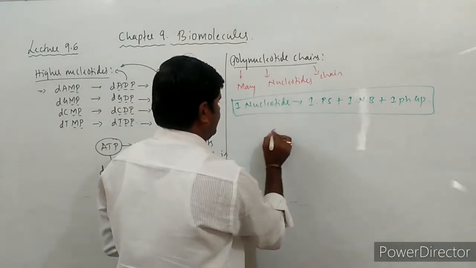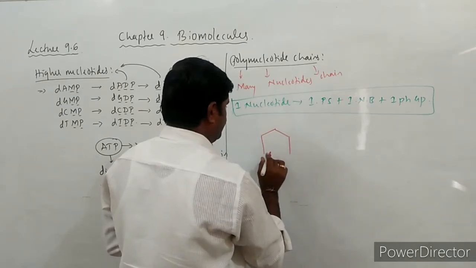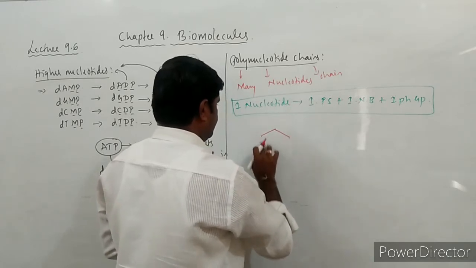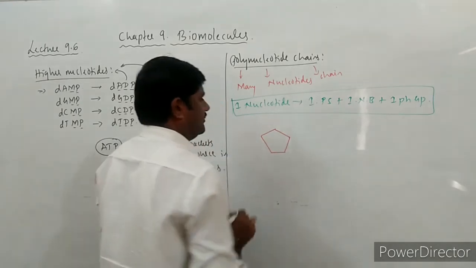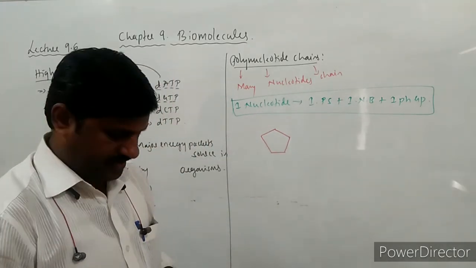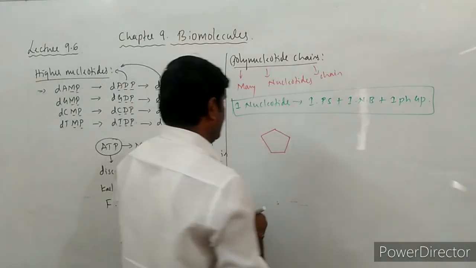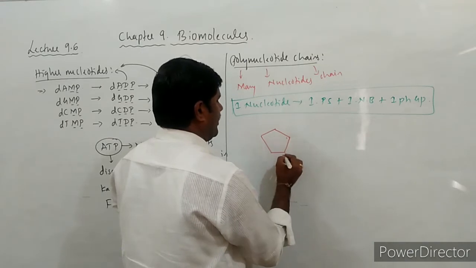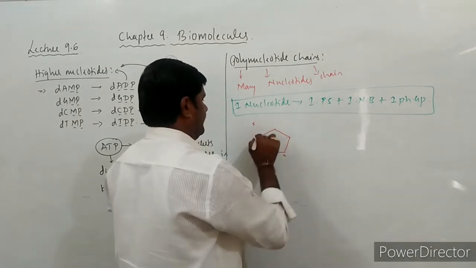So this is one pentose sugar. Here we know carbon atom number 1, 2, 3, 4, and here the fifth one that we come across.